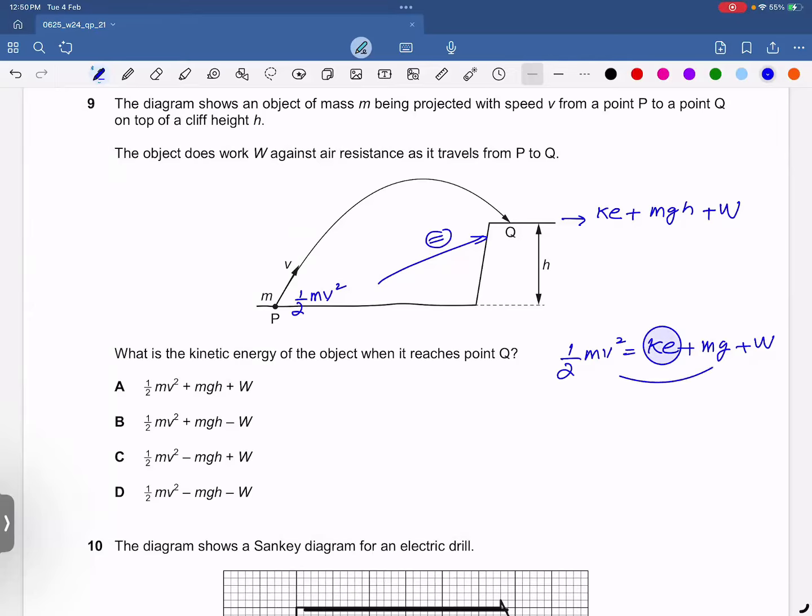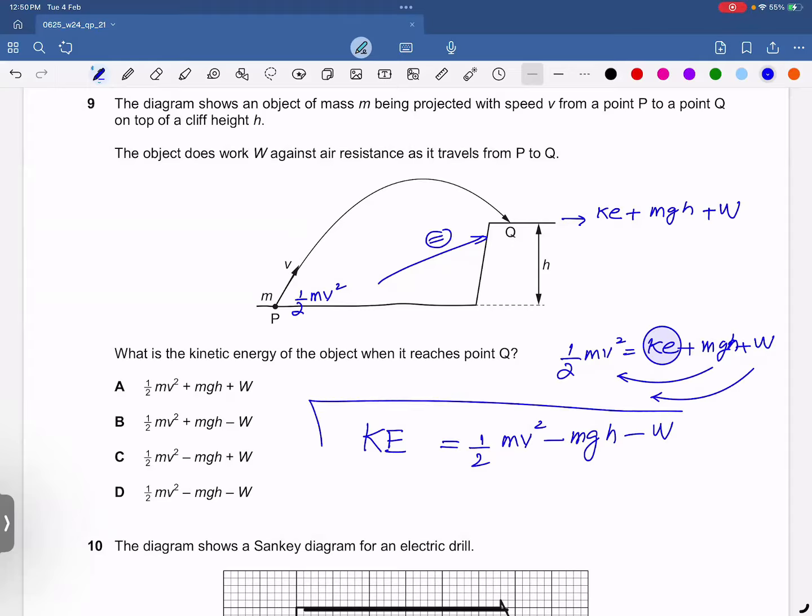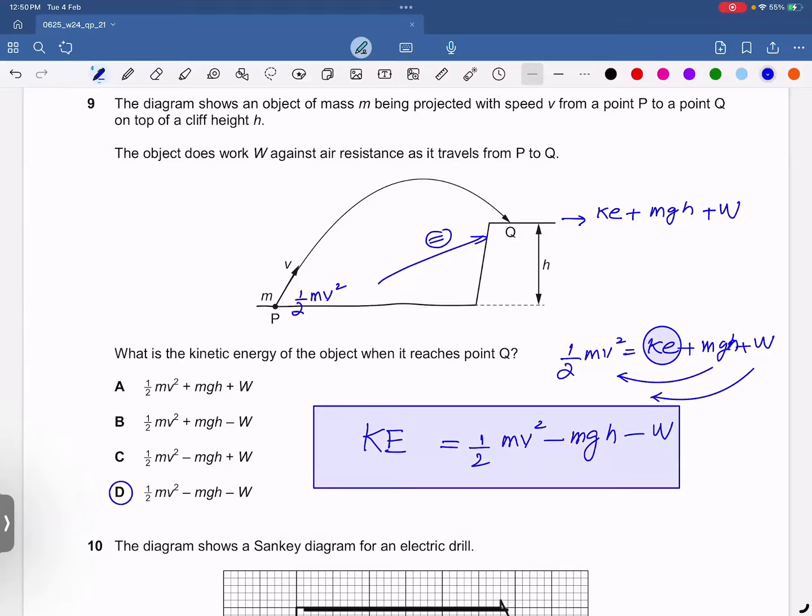You subtract them: half mv squared minus mgh minus work done against friction will be the final kinetic energy. Which option is exactly like that? Option D. You subtract the work done against a resistance and also subtract the gain in GPE, the remainder is kinetic energy. We proceed to question number 10.